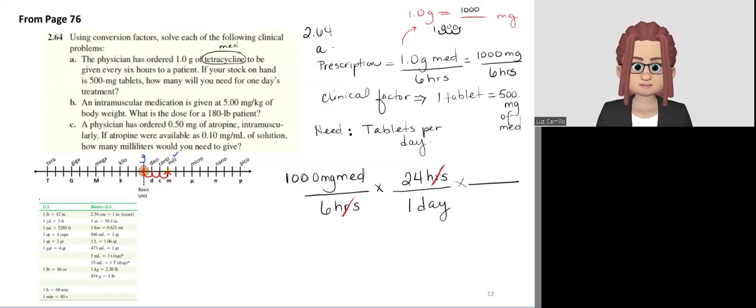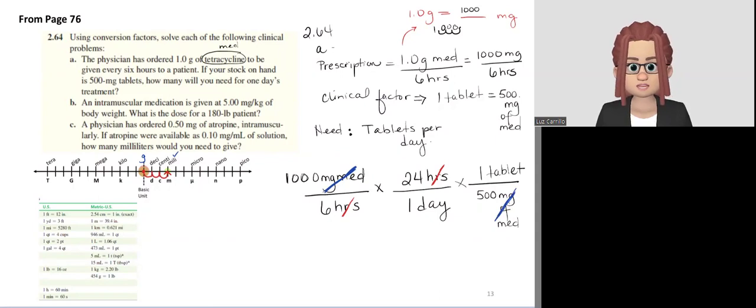So, since I still have milligrams of medication and I have my clinical factor, if I place the 500 milligrams of med here, and that's in 1 tablet, I can cancel the units of milligrams of medication with milligrams of medication.